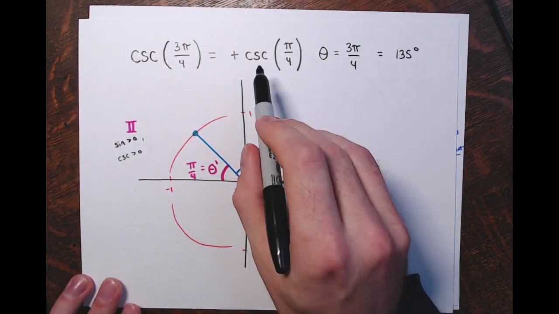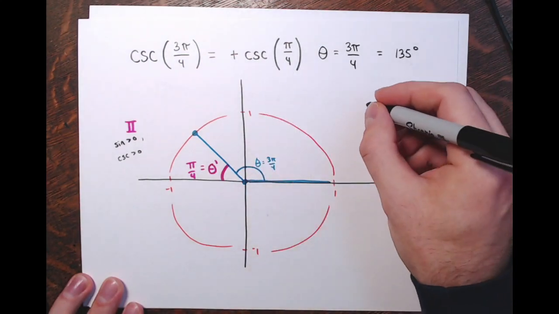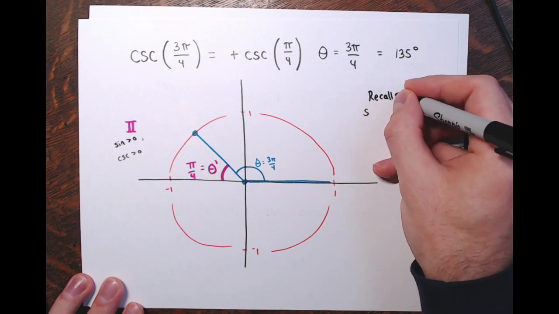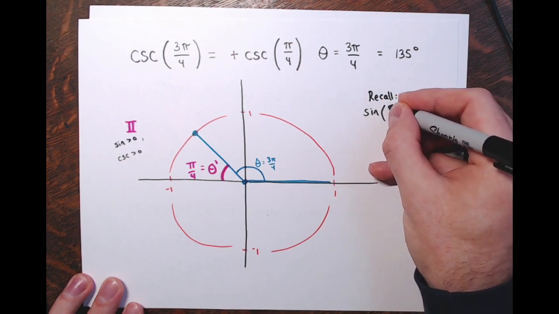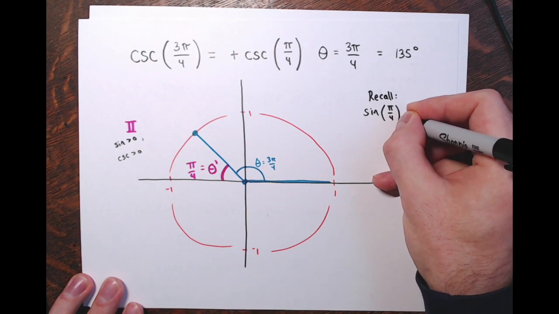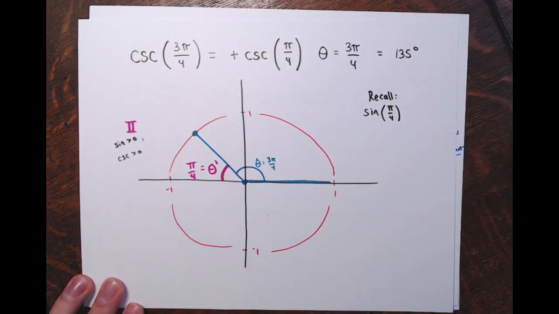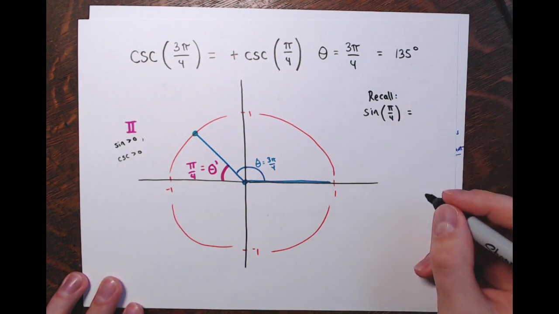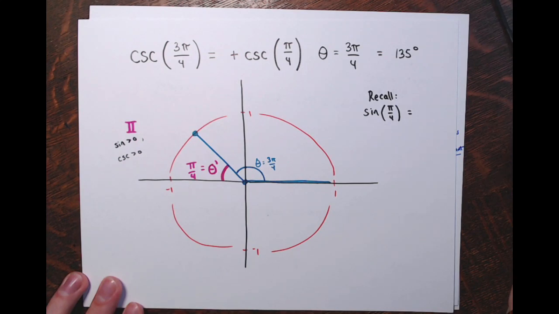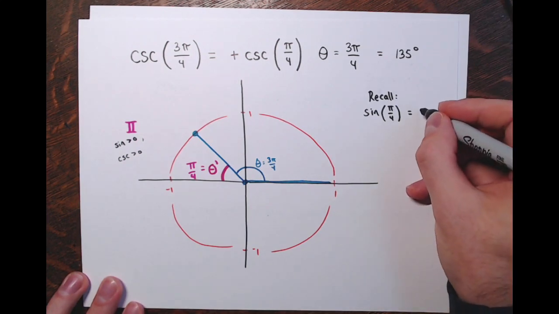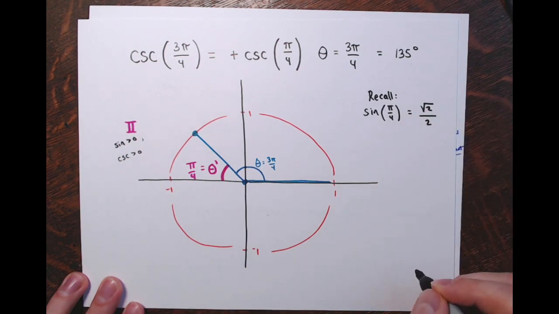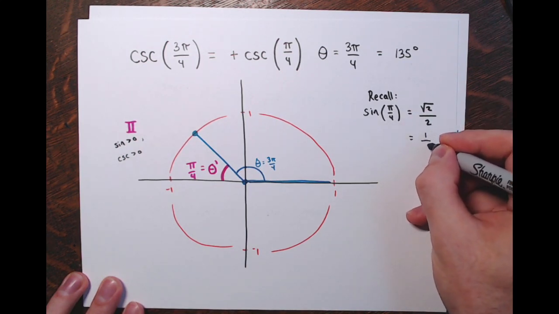Now to find this, again, very easy. Let's recall the sine of pi over 4. If you don't remember, please go back and watch other videos or read the previous section, section 7.3. Remember the sine of pi over 4, the sine of 45 degrees, was the square root of 2 divided by 2, or 1 divided by the square root of 2.